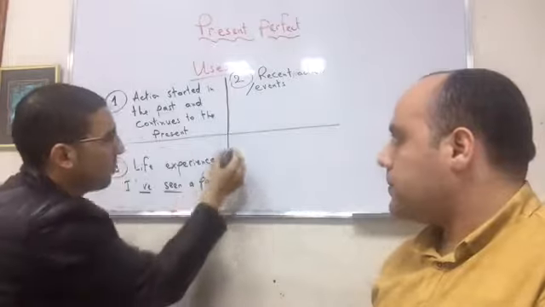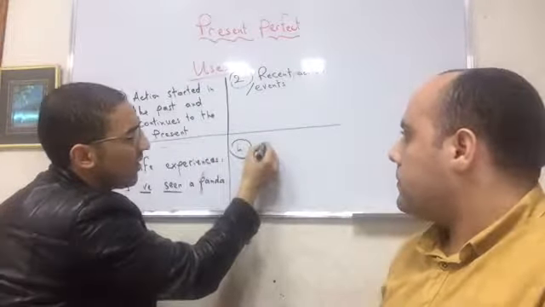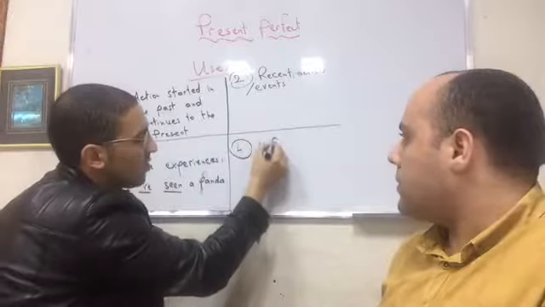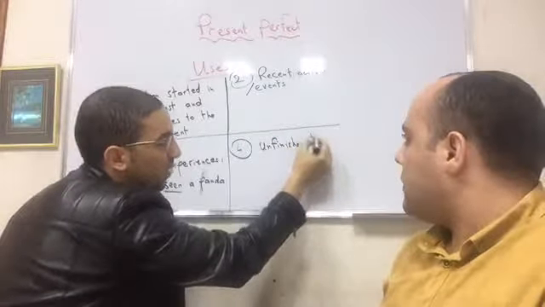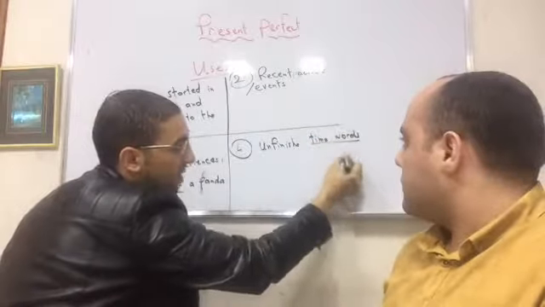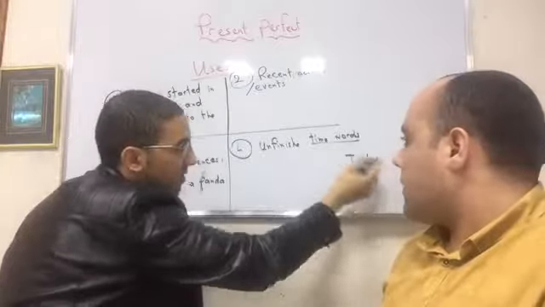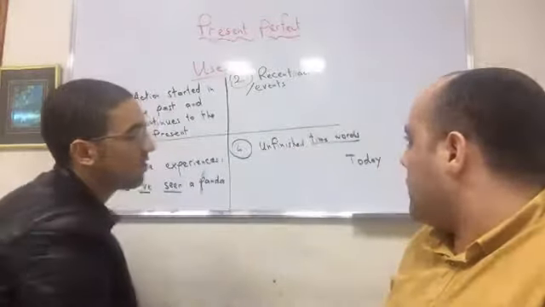The fourth use that I'm going to talk about here is to talk about something that uses unfinished time words. Time words like what? For example, today. Is today finished or not? I think not. It is not finished yet.